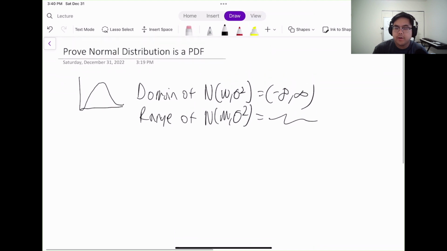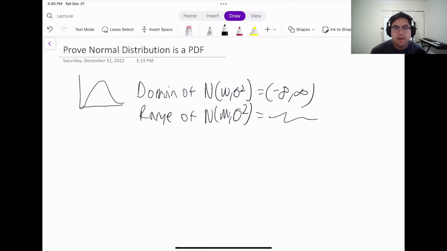Normally, when we look at PDFs, we think about integrating it with the support set on the bottom, like integrating from negative infinity to x of the normal density with mu and sigma squared, dt.